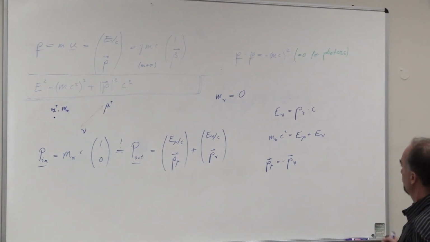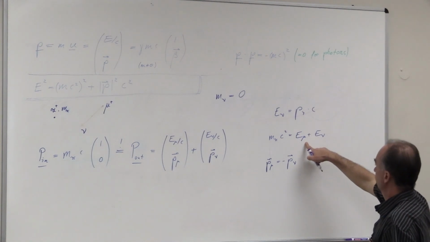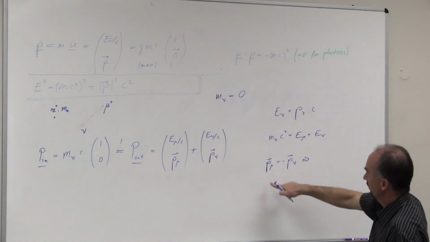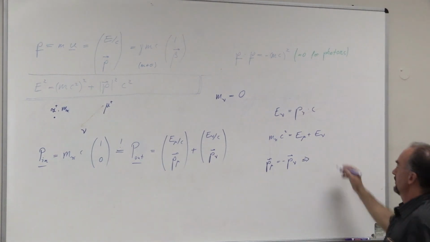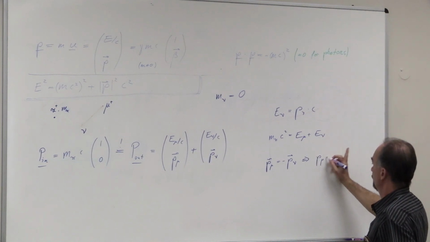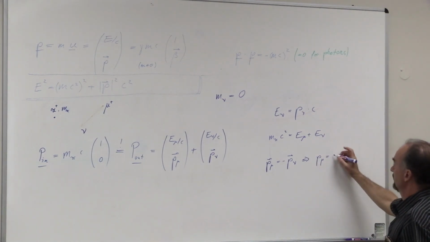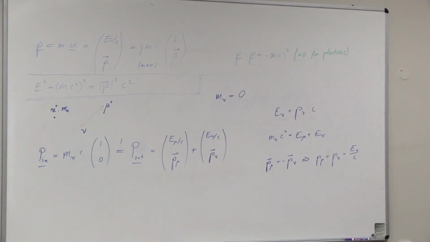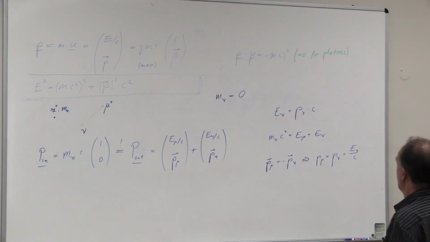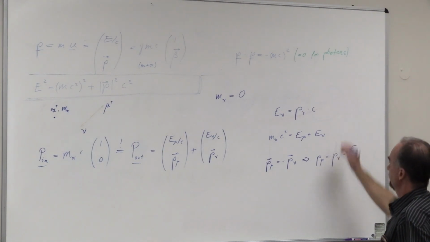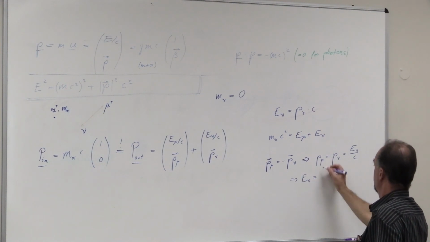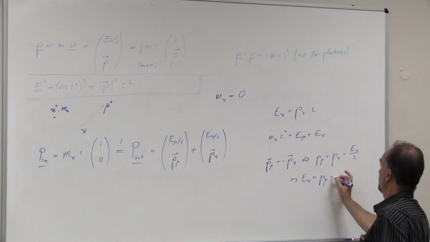So what we can do now is, for the energy of the muon and the energy of the neutrino, these are the absolute values, so the momenta must therefore be the same. So we have that the absolute value P muon is the energy of the neutrino over c. That also means the energy of the neutrino is P muon times c.